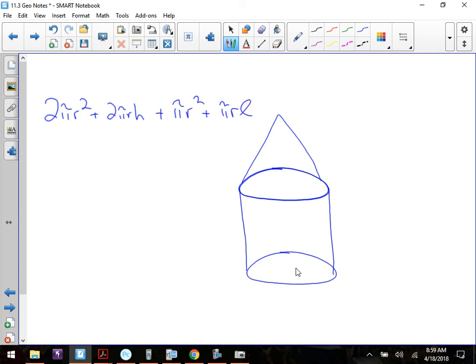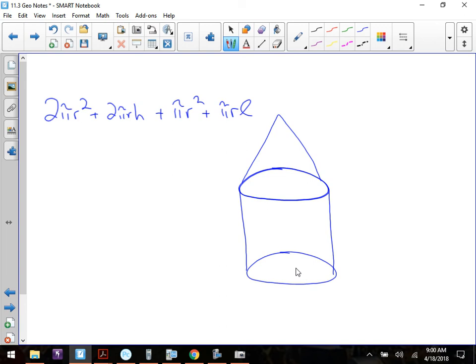Now, if you think about it, yes, Josh. You can, but before I get to that, if you think about a cylinder and a cone together, is there anything on this object that you can't wrap with paper? I'd still wrap the bottom here, but what won't be wrapped with paper?